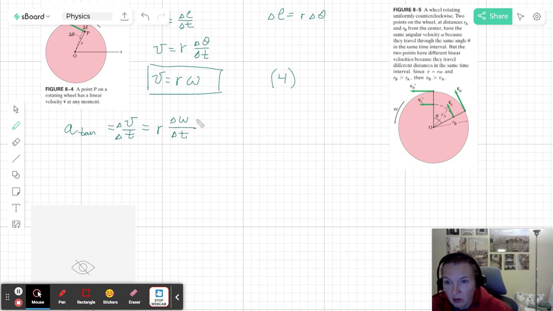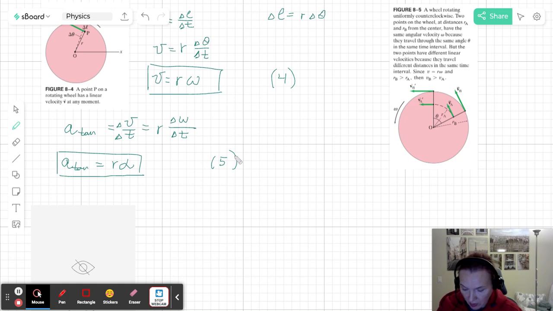And delta omega over delta t is the angular acceleration. So the tangential acceleration has to be equal to r times alpha. That is my equation number 5, where r is the radius of the circle and a tangential stands for the tangential acceleration. Let's take a look at our next piece here.